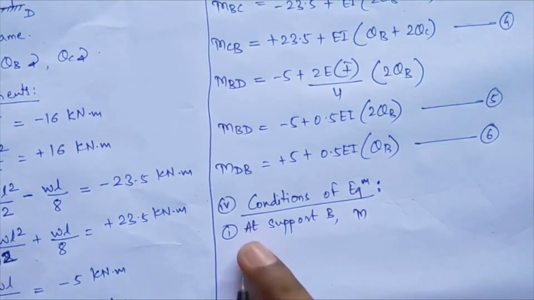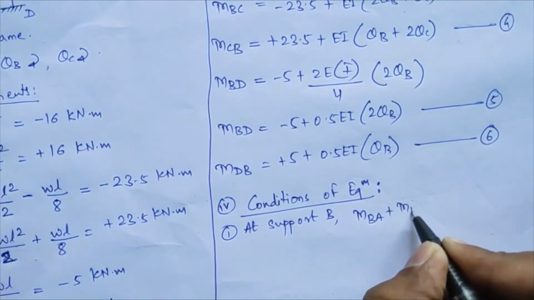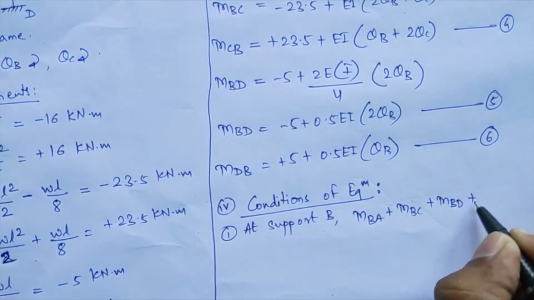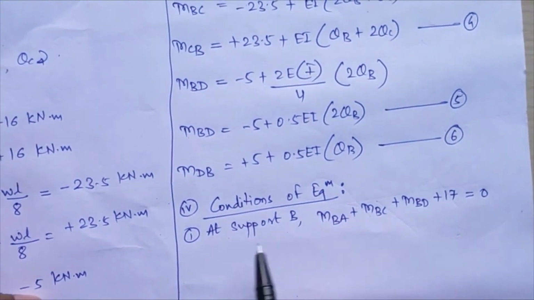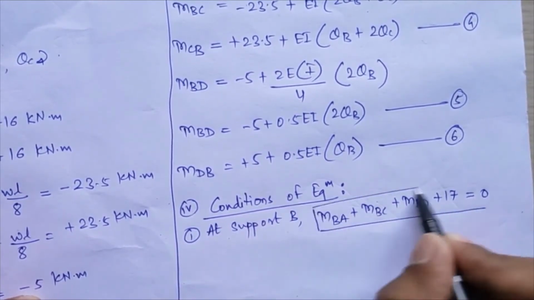So what will be my condition? That is MBA plus MBC plus MBD plus this 17 must come equal to 0. So this will be my condition of equilibrium at your joint B.